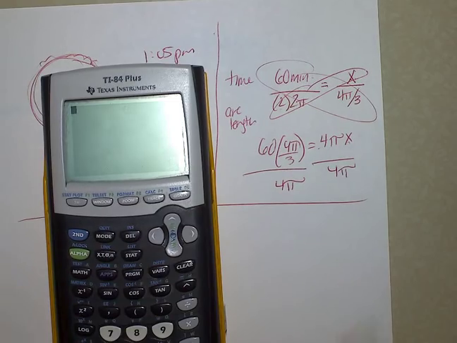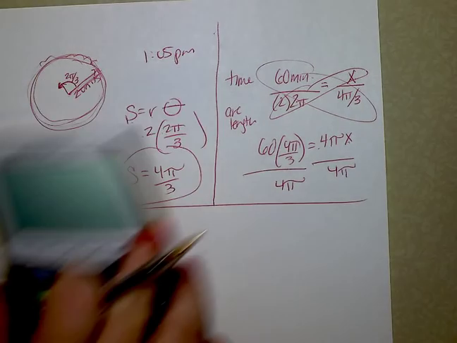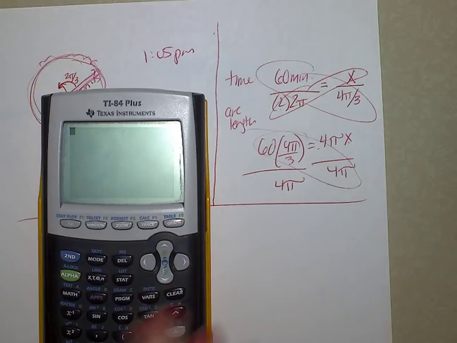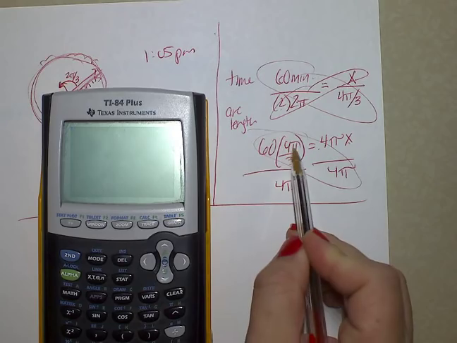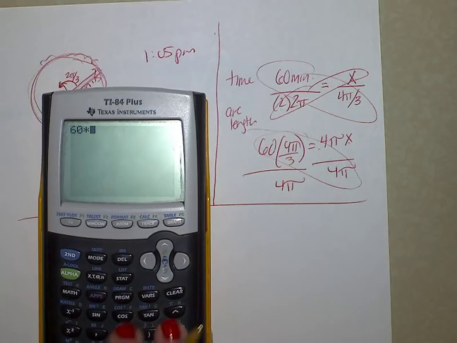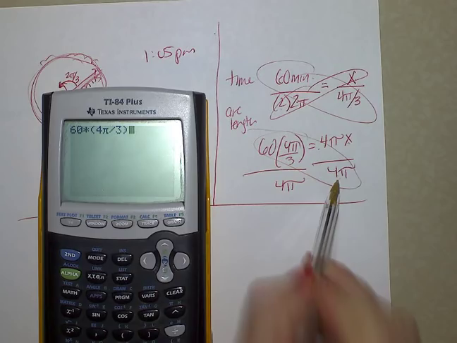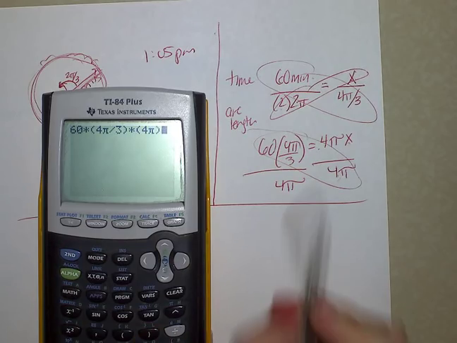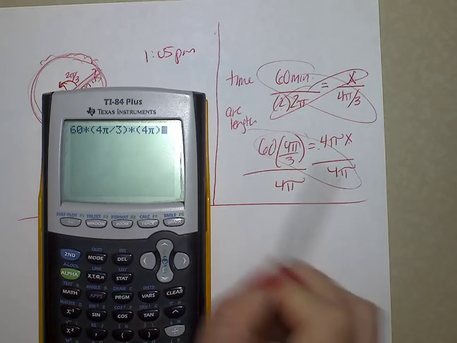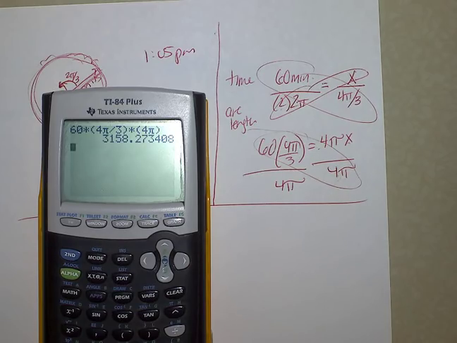Okay, let's do this together. We are going to start by multiplying these together. So let's go 60 times 4 pi divided by 3. I've multiplied this portion, and I'm not going to write down that number because I don't want to round until the very end.